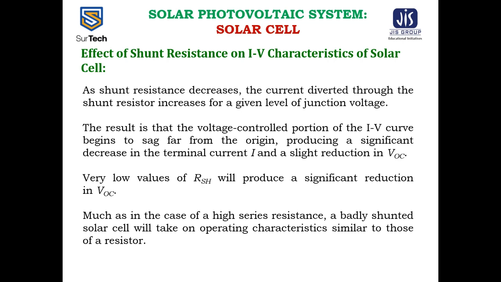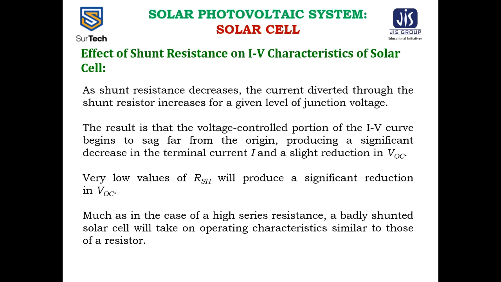The result is that the voltage controlled portion of the IV curve begins to sag far from the origin, producing a significant decrease in the terminal current I and a slight reduction in the open circuit voltage. Very low values of the shunt resistance will produce a significant reduction in VOC.